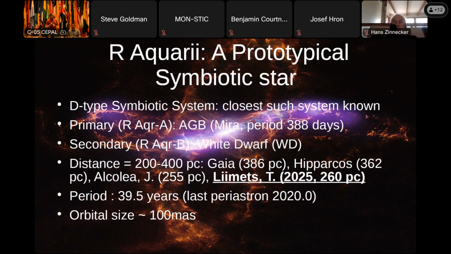I will not present it, as Miguel just told us a lot about it. I will just mention, from the last axisymmetric protoplanetary nebula, the latest distance estimate that I will use in this talk is from Limet, that gives 260 parsecs.